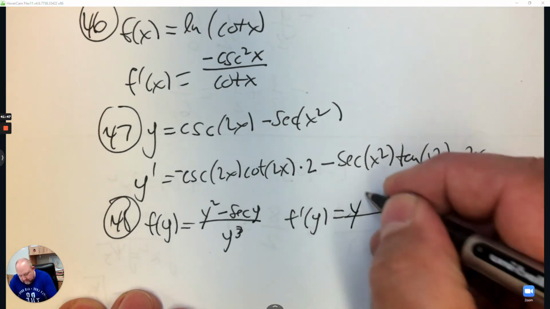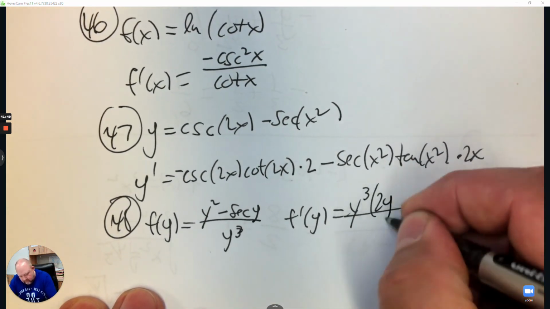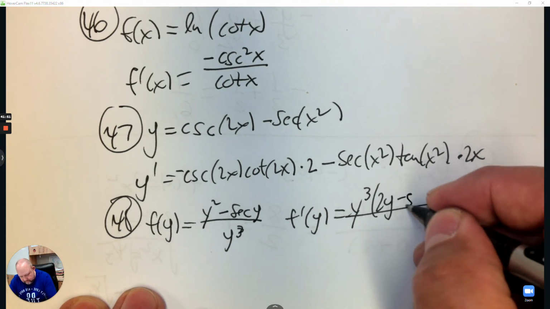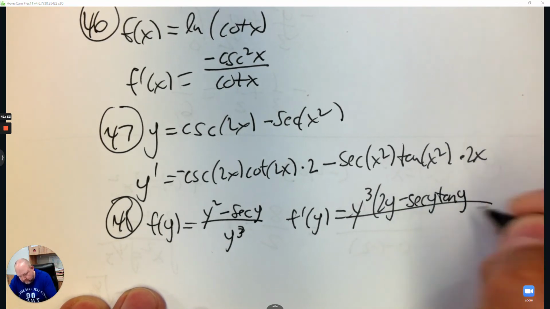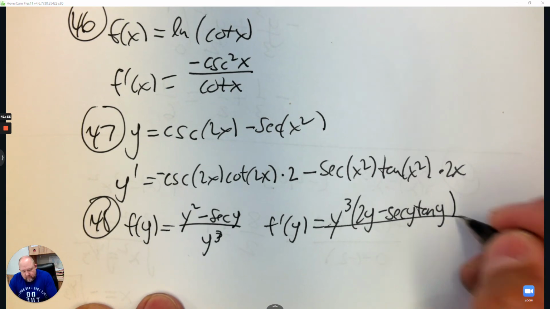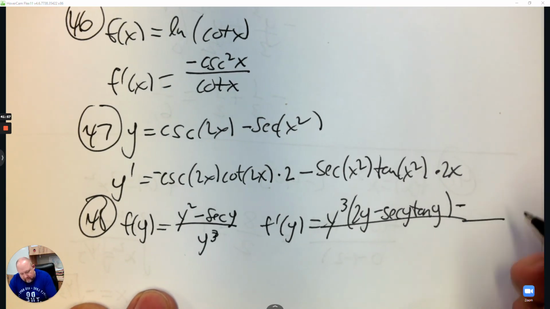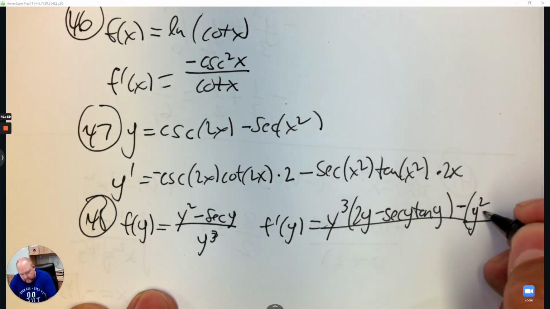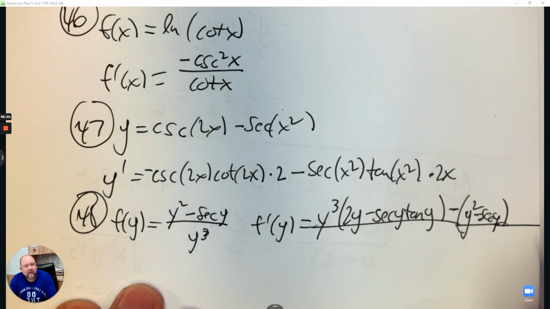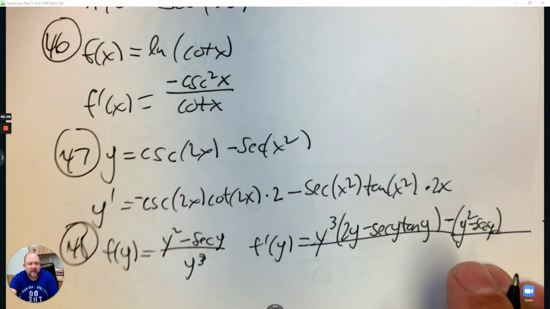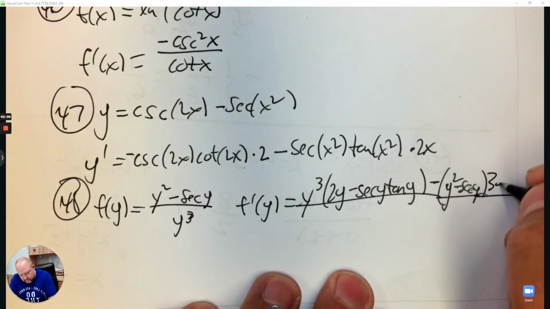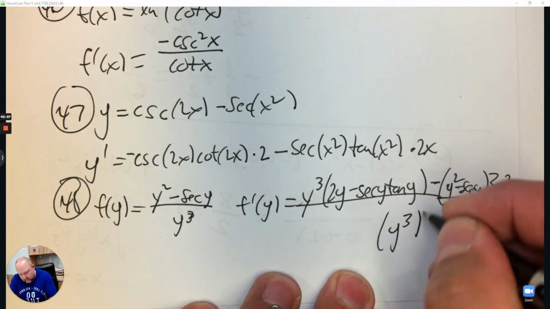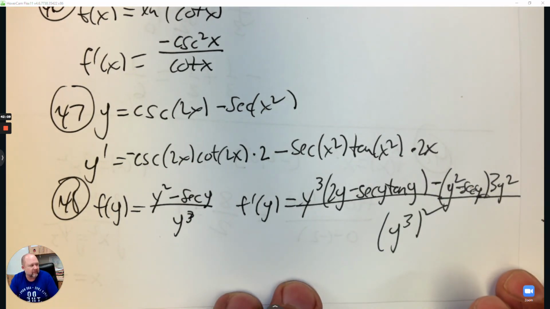So that's the bottom times the derivative of the top. Subtract the top times the derivative of the bottom, and then the bottom squared. Just be a rule follower and it's not so bad.